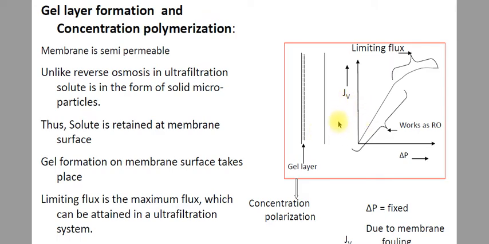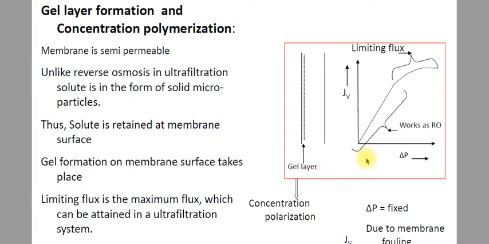In reverse osmosis, when you plot Jv, the flux of water, versus delta P, the pressure, because it is a pressure driven process, when you increase the pressure, the flux will increase because the driving force will increase. This is true for both reverse osmosis as well as ultrafiltration.